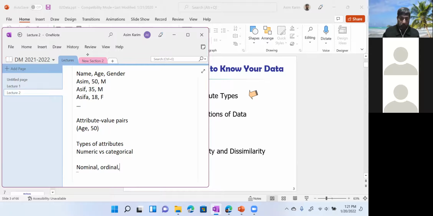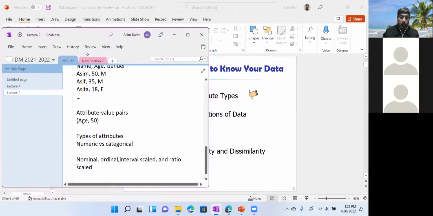Actually, these are for numeric. So okay, let's do it for numeric. Ordinal, then we have interval scaled, and then we have ratio scaled.